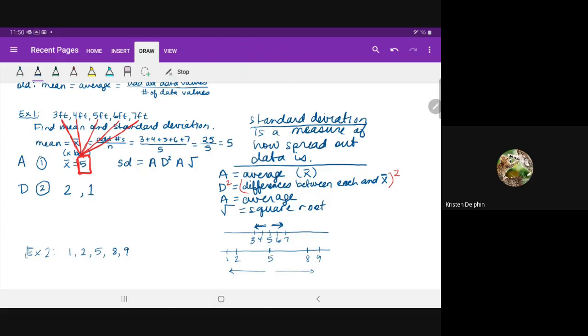And then what's the difference between 5 and 5? You're asking yourself, how far is 5 away from the middle? Exactly, 0. How far is 6 away from 5? 1. And how far is 7 away from 5?